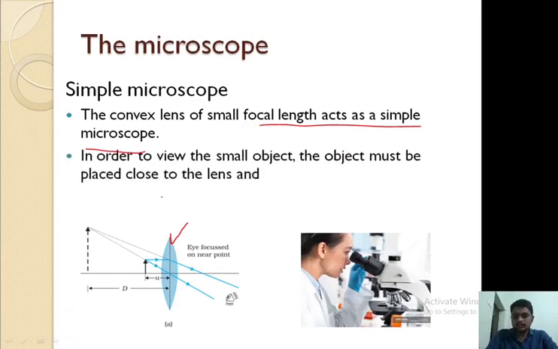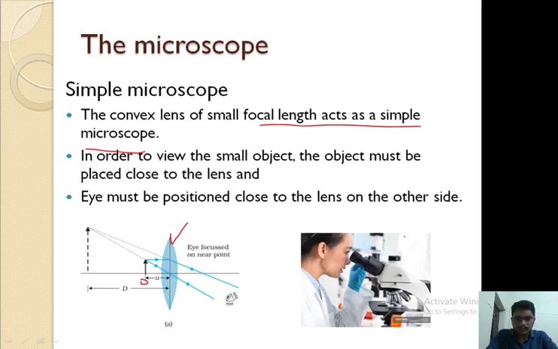In order to view the small object, the object must be close to the lens. Look at this picture. He is looking at a smaller object, bacteria like that. So to see a small object, the object must be positioned close to the lens, and the eye must also be positioned close to the lens.